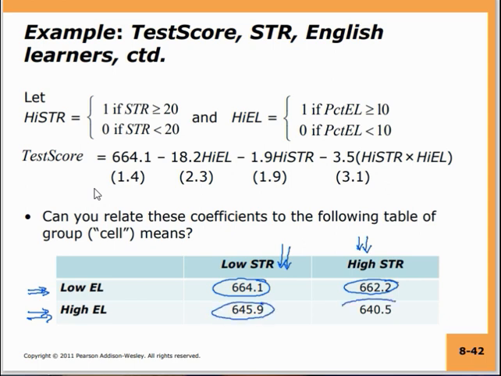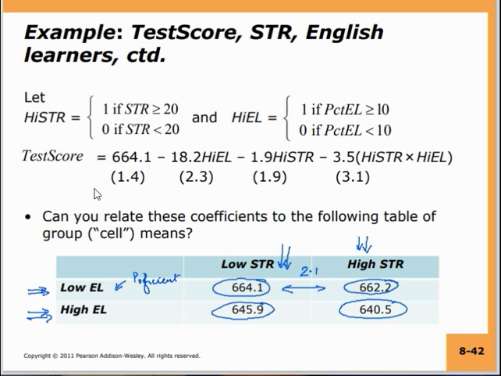If you look at the average test scores, the average test score for low English learners and low STR versus low English learners and high STR, the difference is about 2.1 or something like this. At a low level of English learners, these are students that are proficient in English.